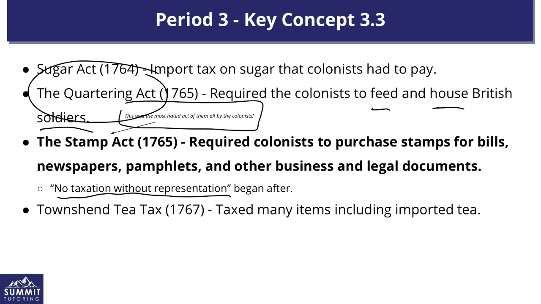And that makes them even more angry from what happened with the Quartering Act. That adds to the tension between the two groups. We also have the Townshend tax, or the tea tax. That's going to tax a lot of things, including tea, and that's going to lead to the Boston Tea Party later.